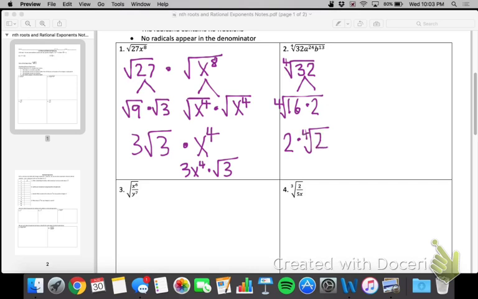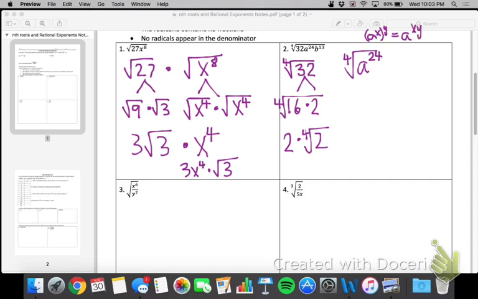So that was just the numerical part. Now the 4th root of a to the 24th power. In this case, we know that in properties of exponents, a power raised to another power, so if we have a to the power of x and then to the power of y, that's the same as a to the power of x times y.